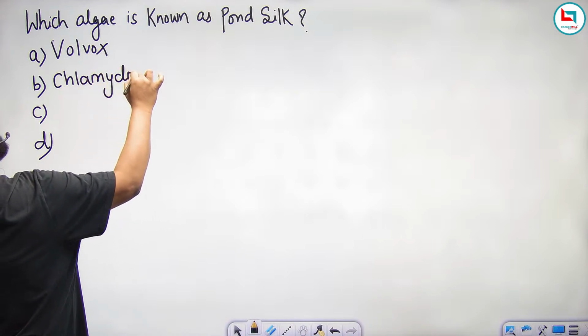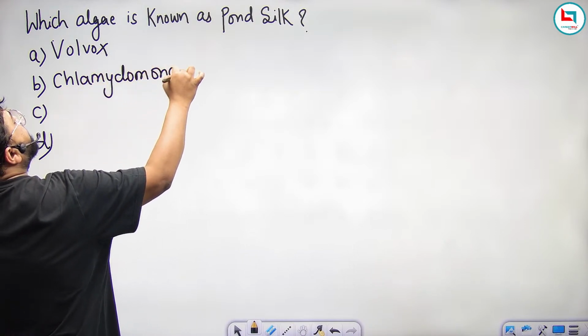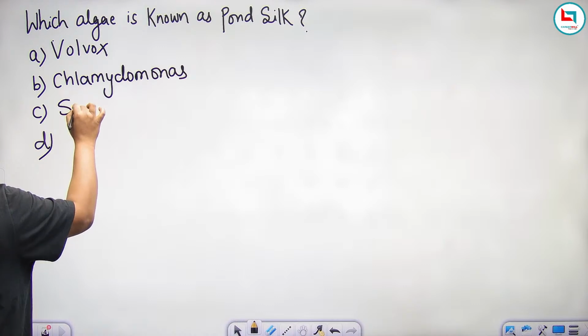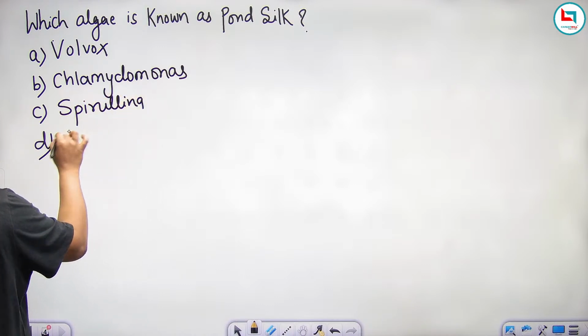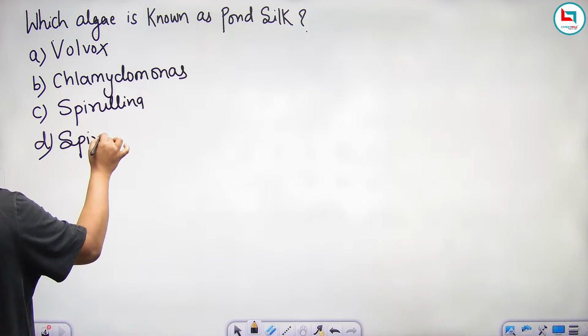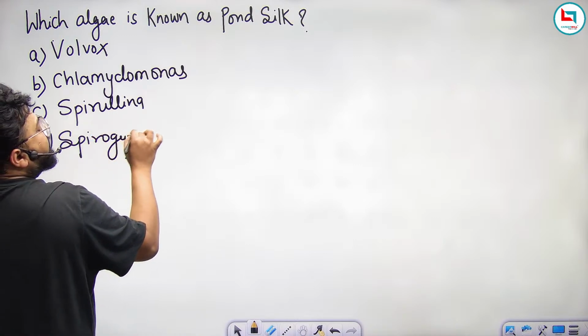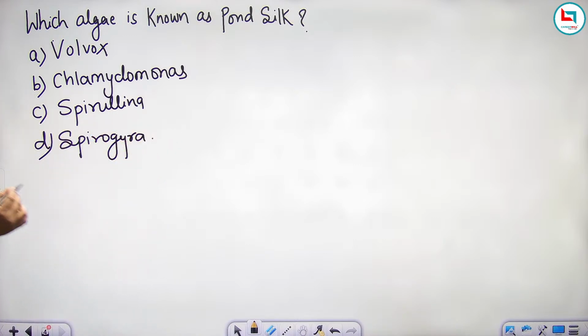These are the names of certain different algae. So the correct answer to this question is Spirogyra.